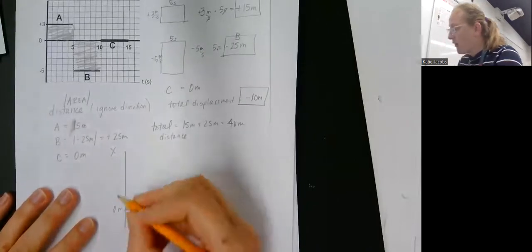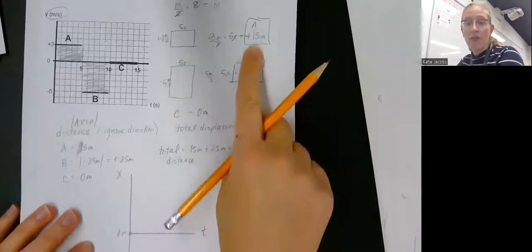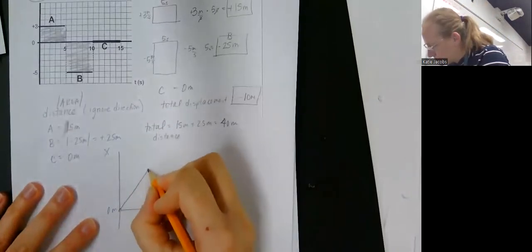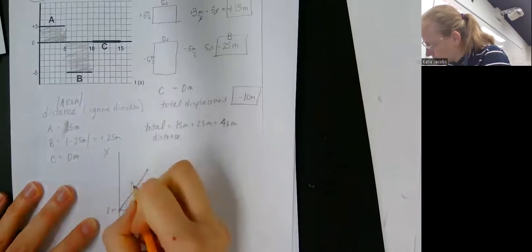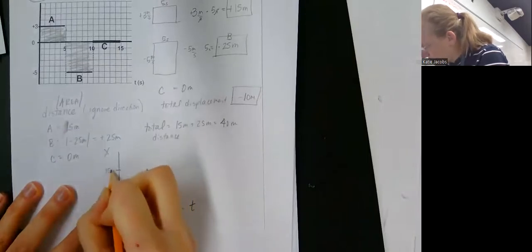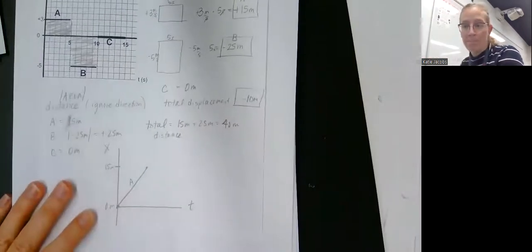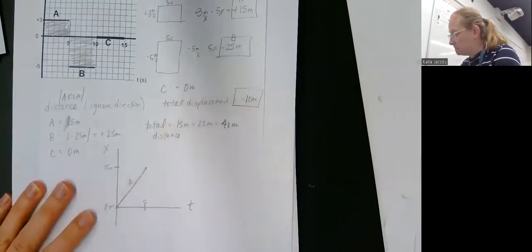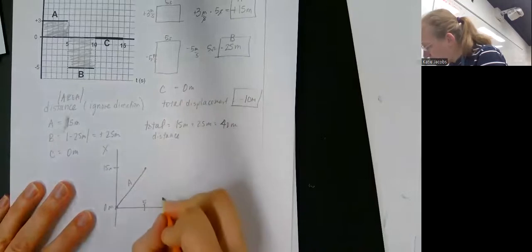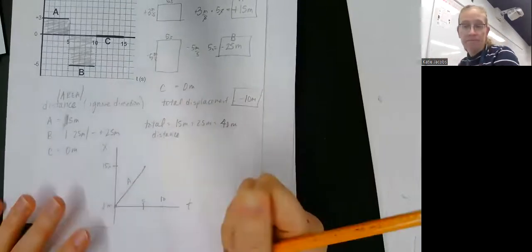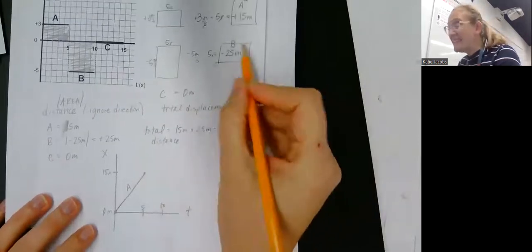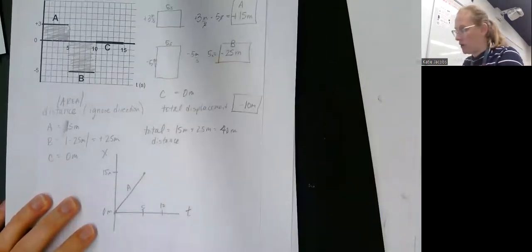How far did I travel in A? I traveled 15 meters in the positive direction. So I'm going to label 15 meters up here in 5 seconds of time. In the next 5 seconds of time, I'm headed in the negative direction for B, and I travel negative 25 meters overall.